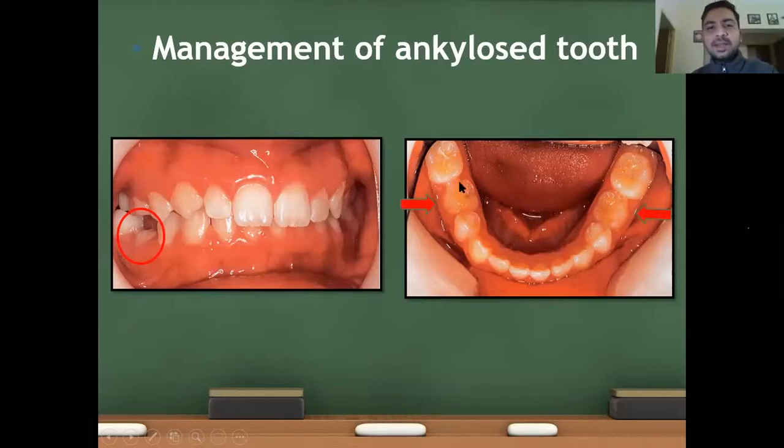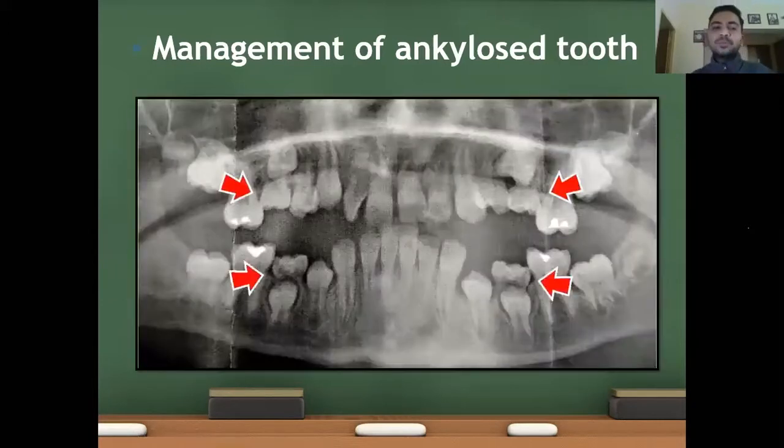So what can an ankylosed tooth or teeth do? If you look at this orthopantomogram, these are the 4 ankylosed second deciduous molars. And because these teeth are ankylosed, the second premolars are being hindered from erupting into the occlusion. They will not exfoliate and they will not provide way for the eruption of the second premolars. So what will second premolars do?